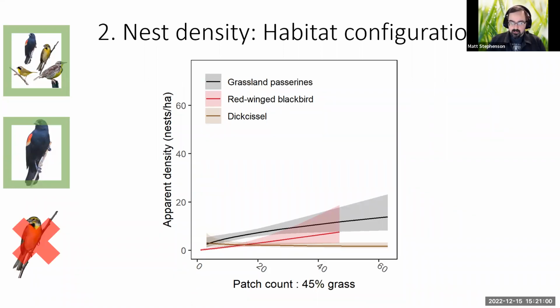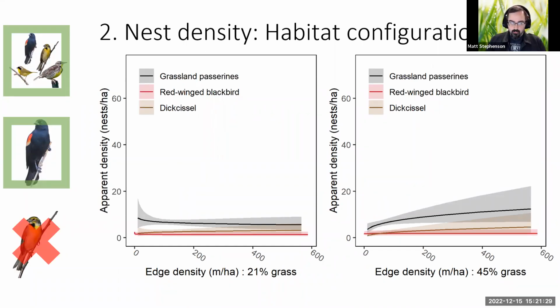In a landscape that contains about 45% grass within either 150 or 200 meters of the search plot, having more patches near the search plot resulted in higher nest densities for red-winged blackbirds and for those 9 species of grassland nesting birds analyzed as a group, but it did not have a statistically significant effect for dickcissels.